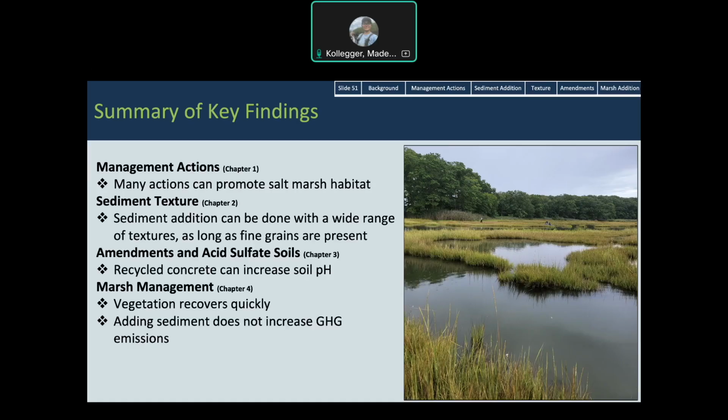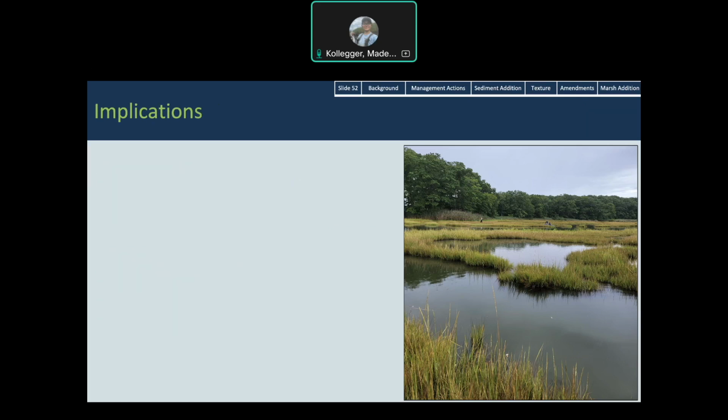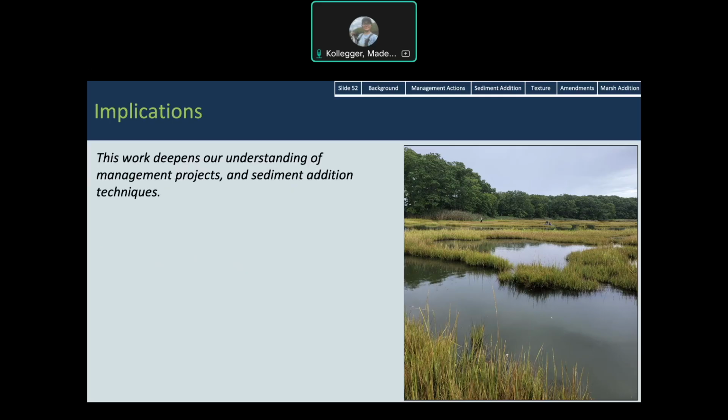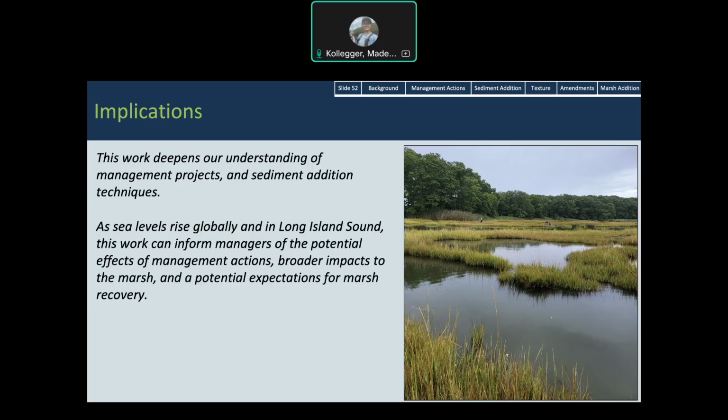And then in my last chapter, we found that vegetation can recover quickly, and that adding sediment does not increase greenhouse gas emissions. With the broad implications of this work being that we have now deepened our understanding of management projects and sediment addition techniques, which is incredibly important as sea levels both in Long Island Sound and globally will rise, and that will affect the resilience and health of our marshes.